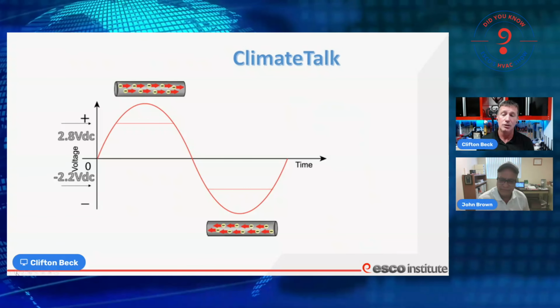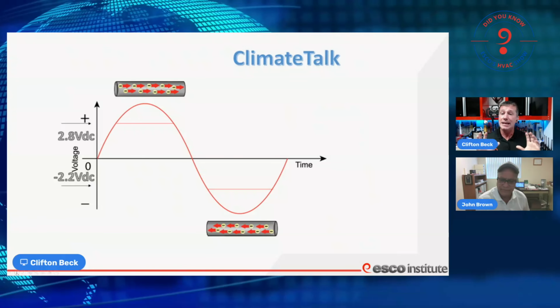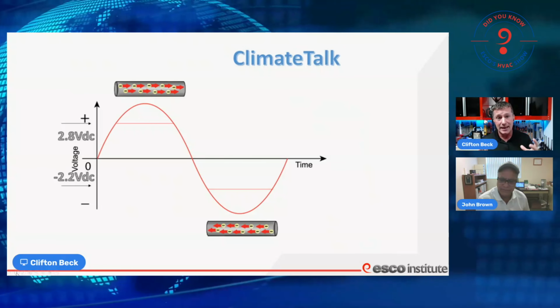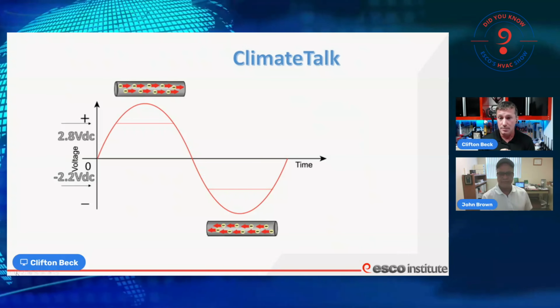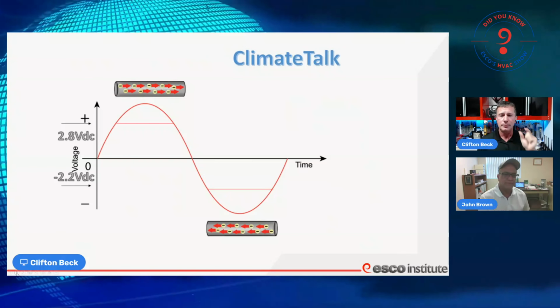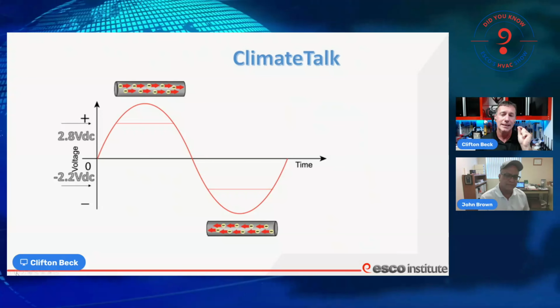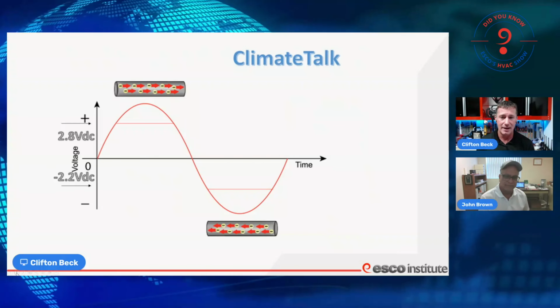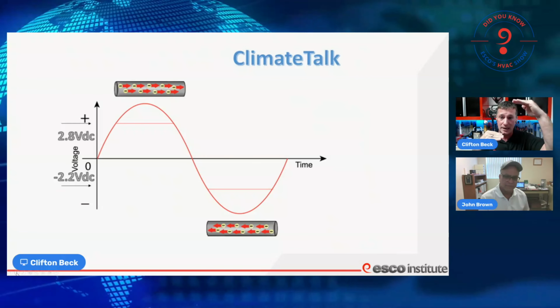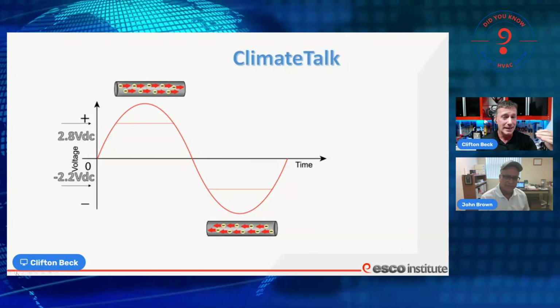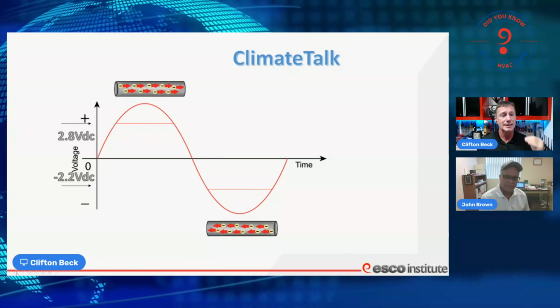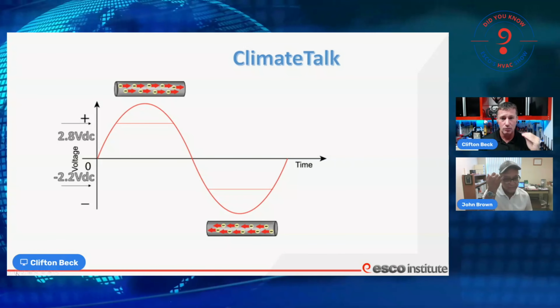Then we will add a grounded reference point to it. And the network that we're going to talk about today, which is the Climate Talk network, which I would say many manufacturers use this principle, we land that ground not exactly in the center of that 5-volt DC span. Remember, it's 5-volt DC, the height distance of our sine wave. We land it off center so that it is not directly in the middle of our reference point.